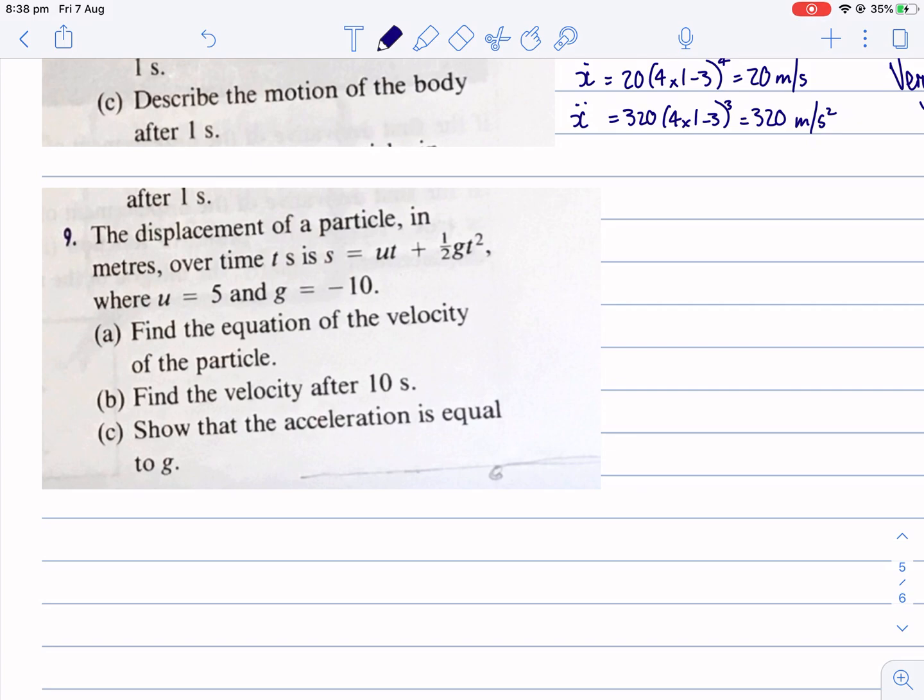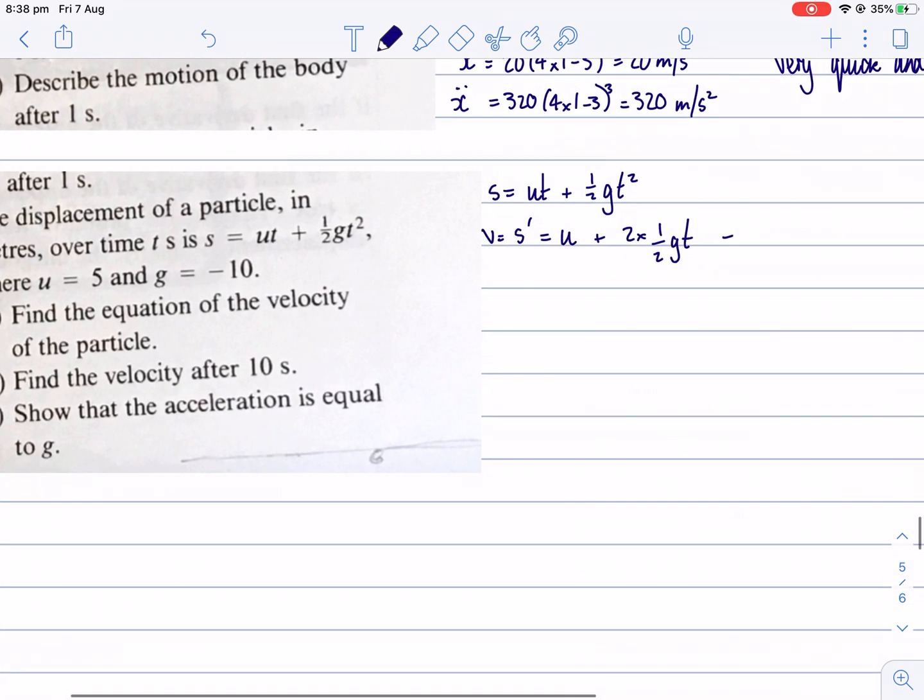So we've got s equals ut plus half gt squared. The velocity is the first derivative of the displacement. So we've got u plus 2 times half gt, which is just going to be u plus gt. u plus at for physics students.